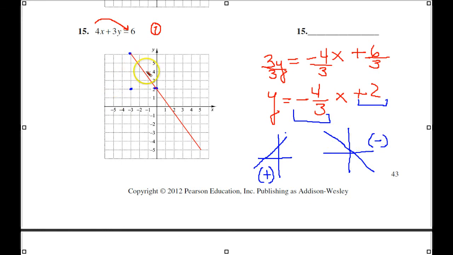So here we see that is negative slope. It's a way to double check that you have the right kind of slope. If it starts low, as you go to the right and goes up, that's positive slope. If it starts high as you go to the right and goes down, that's negative slope.